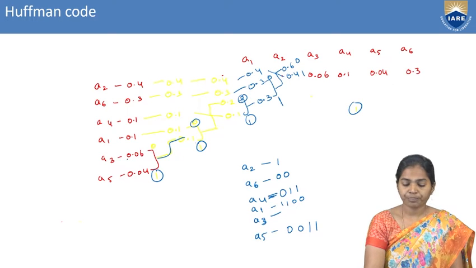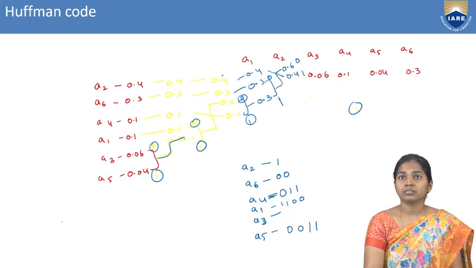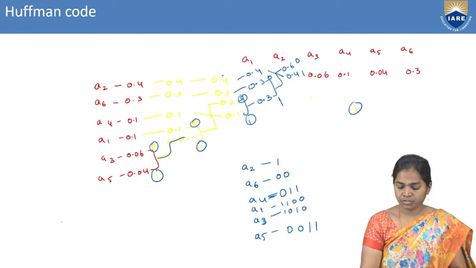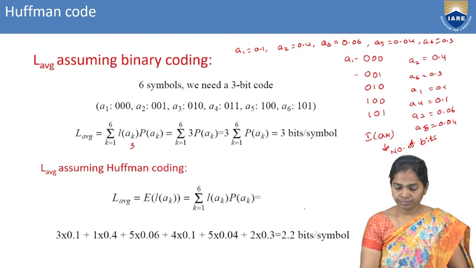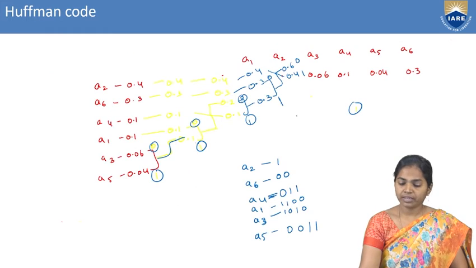For A3, 0, 1, 0, 1, and next, 0, 1, 0, 1, and one more bit, here it is 0.